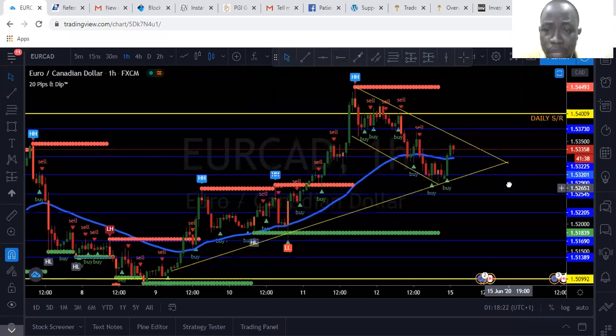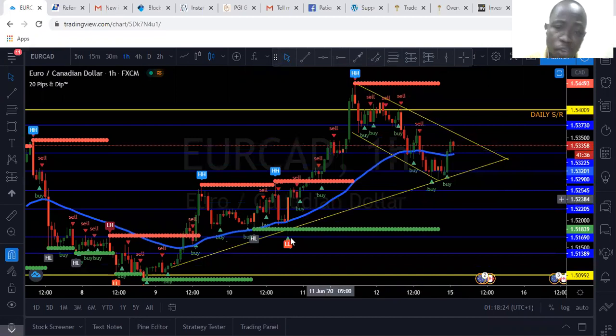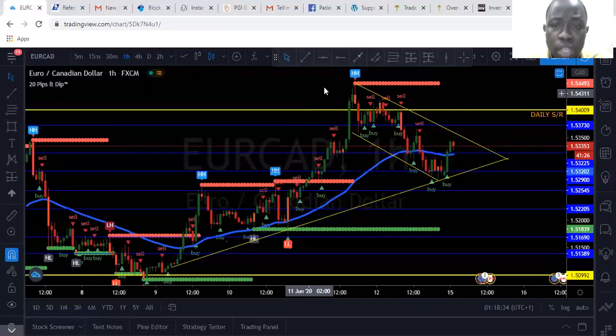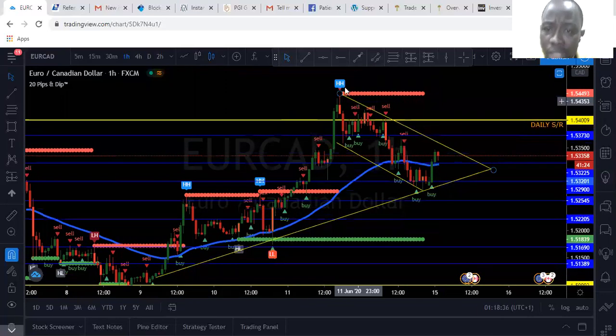Now, when I pull out my indicator, the indicator has a moving average, which we call the 50 exponential moving average, the EMA. Then we have a low and high swing breakout, which is your support and resistance. If you look at this up here, printed here is our resistance.